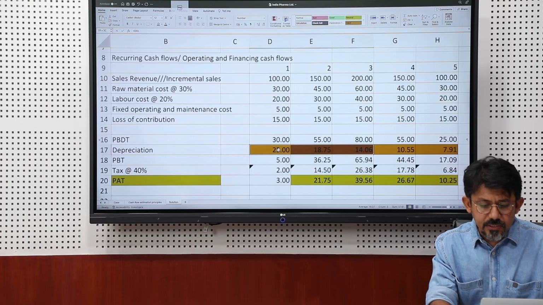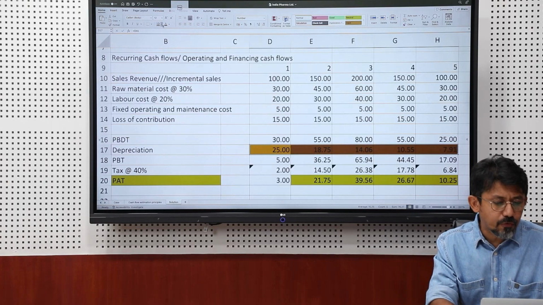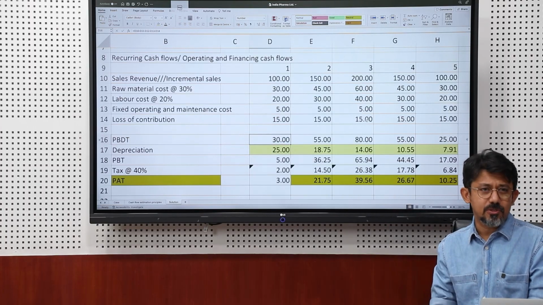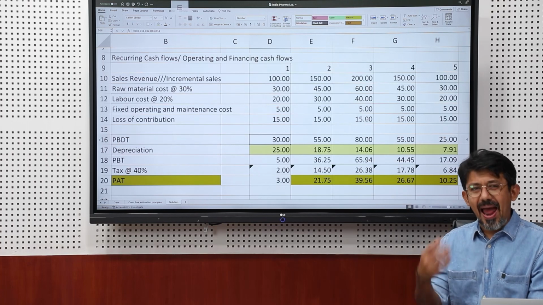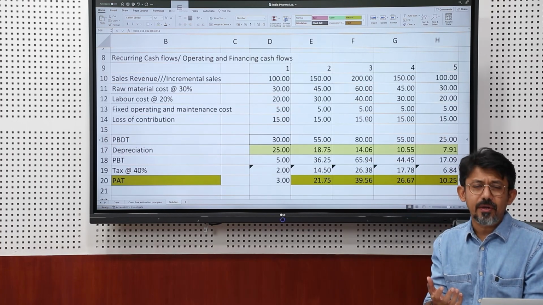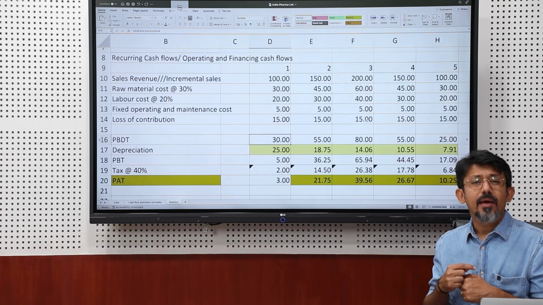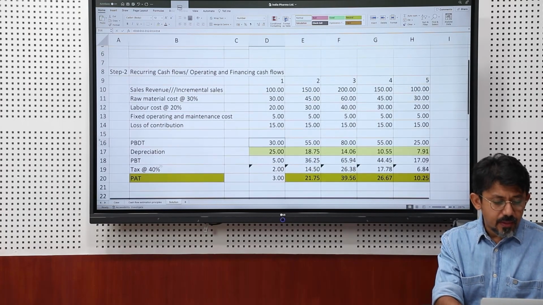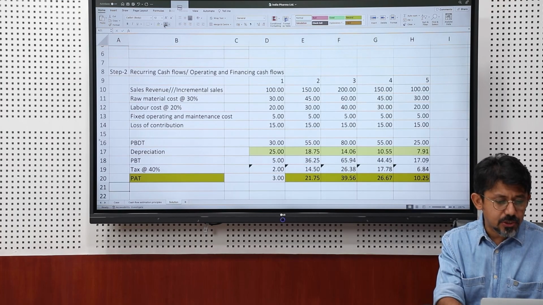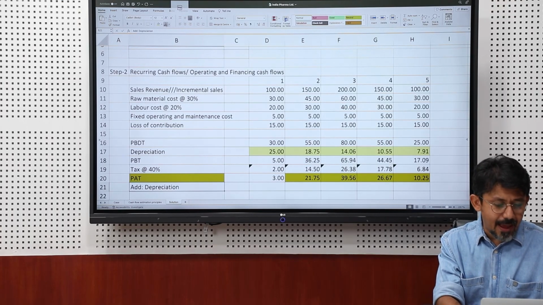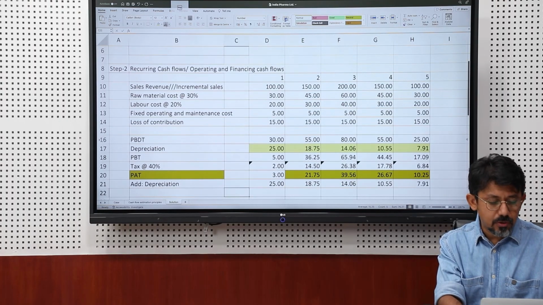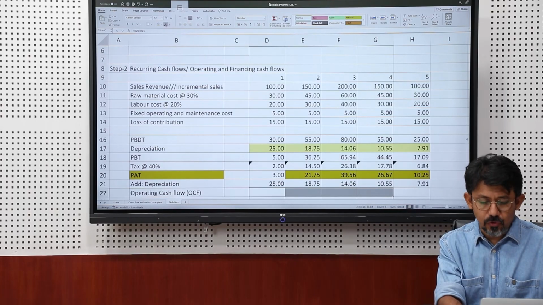So, this is not something that you have paid out of your pocket, and hence it is a non-cash expense. I need to add this back to my profit in order to come to my operating cash flow calculation. So, after deducting the depreciation, I am adding it back to the PAT calculation to come to what is known as operating cash flows.